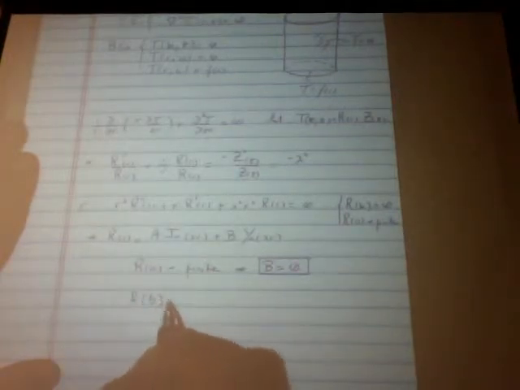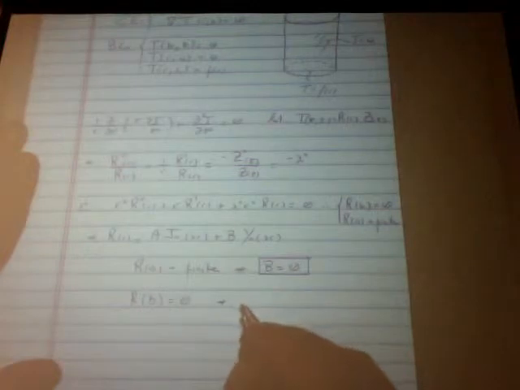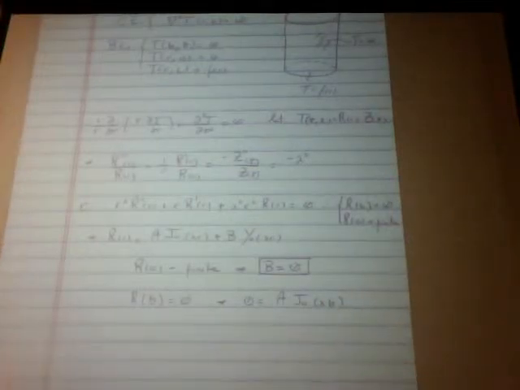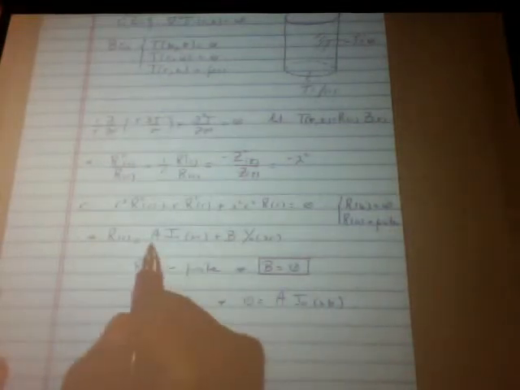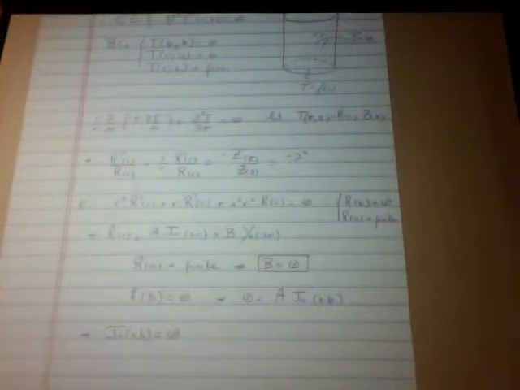And R at b is equal to 0, therefore 0 is equal to A times J0 of lambda b. A cannot be 0 because if A is 0, B is already 0. If A is 0, then the solution is trivial. So J0 of lambda b must be the one that goes to 0.